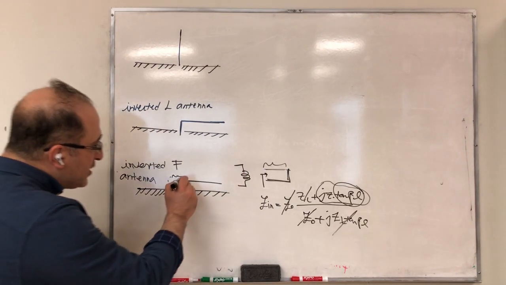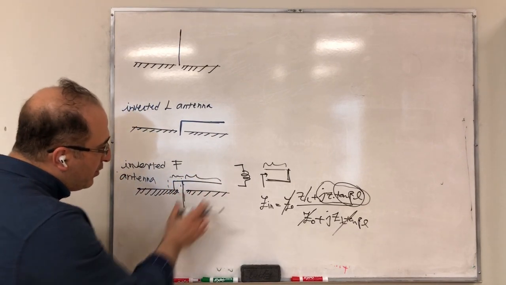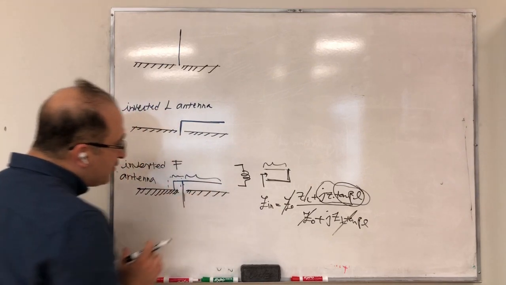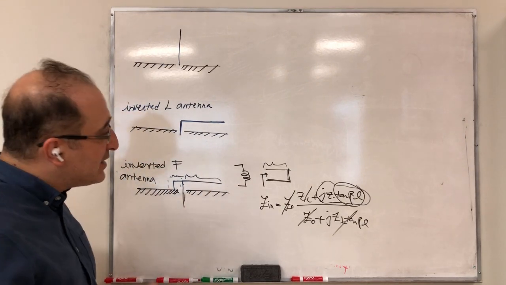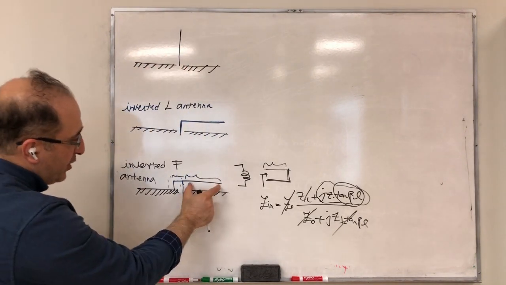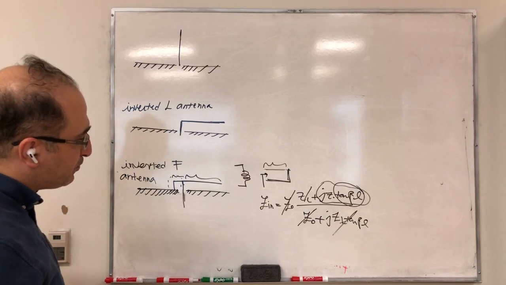And then this part you may think of as an open circuit, for example, a transmission line open circuited, and the length of this transmission line is going to be less than lambda divided by 4 because we started with lambda divided by 4. So this part is going to be less than lambda divided by 4.